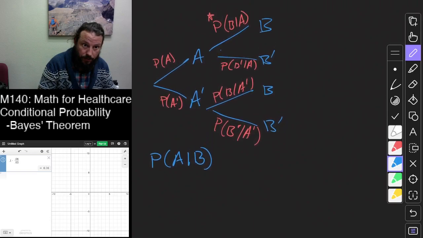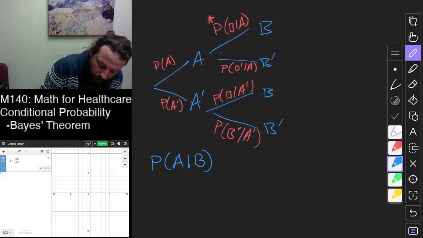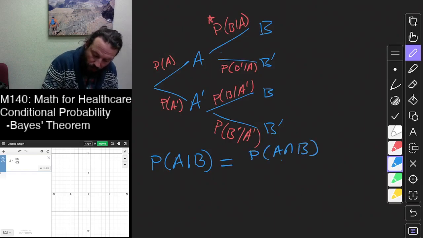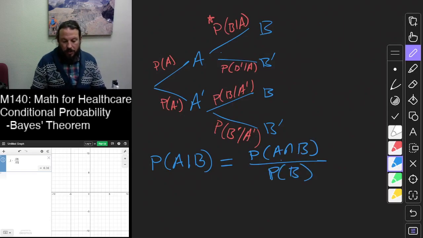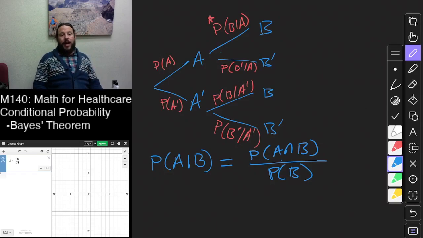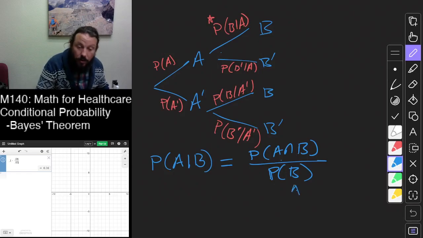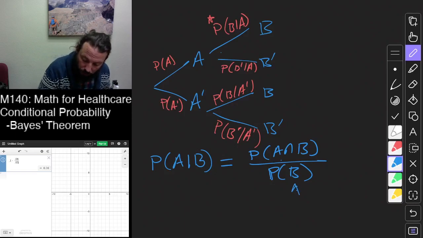Now we know the formula for this. We just used it on the last one. This is the probability of A intersect B over what? The probability of B. In the last problem we knew the probability of B, but what if we don't?